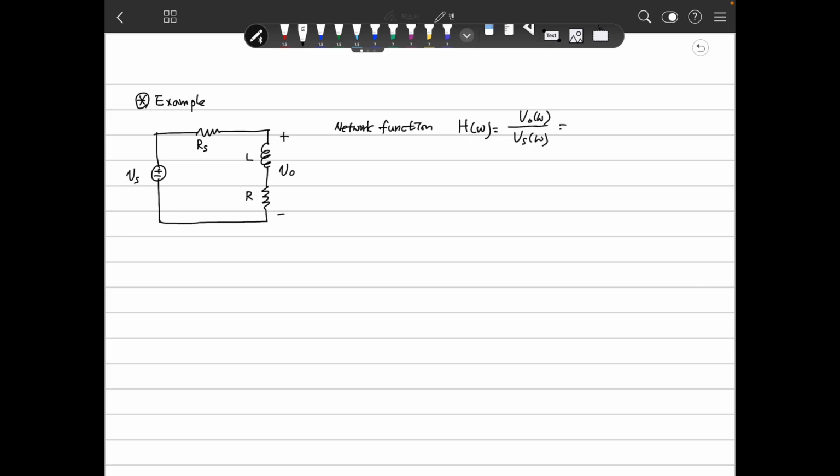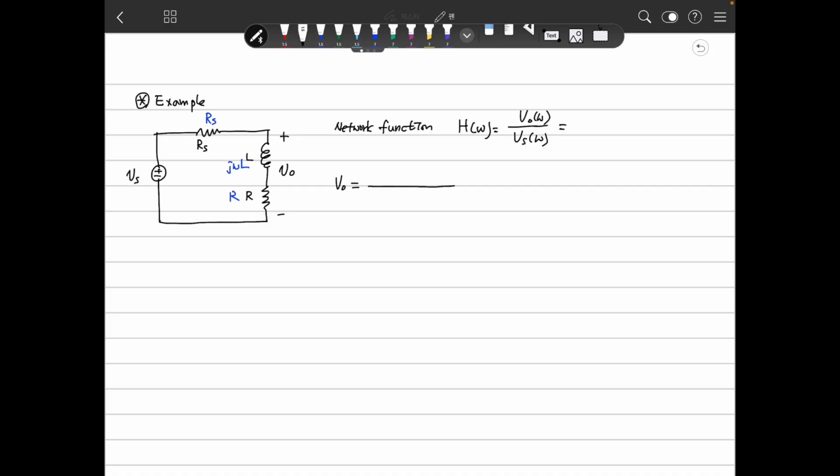So from here we can calculate very simply, because Vo is a voltage division. When you transform to the phasor domain, this is Rs, this will be j omega L, this will be R.